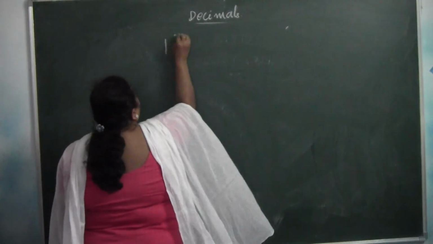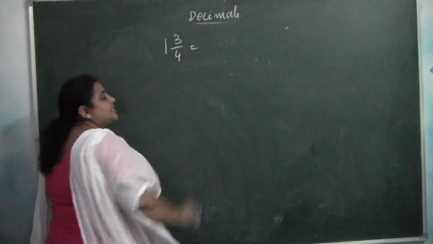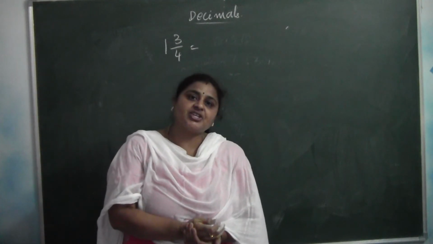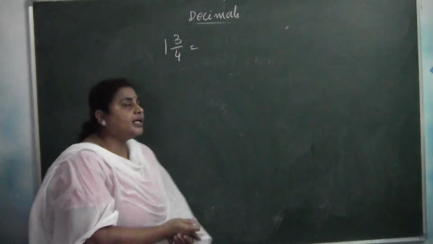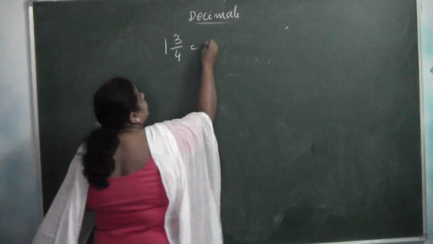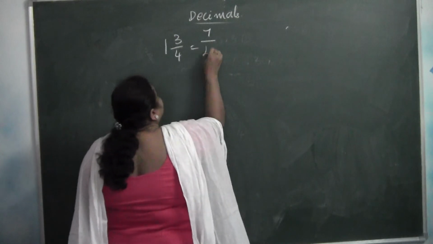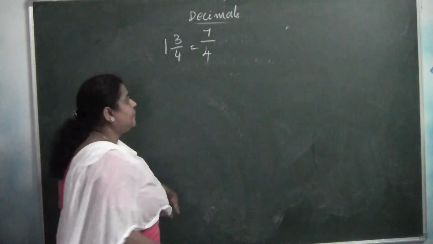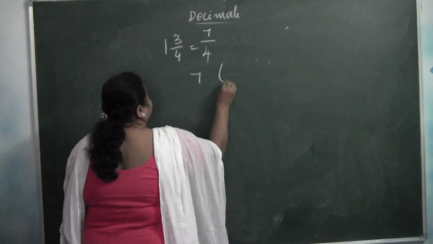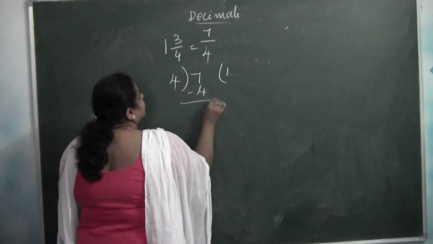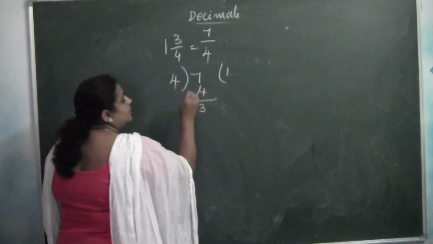1 3 by 4. Now we have a mixed fraction. Already you learned how to convert a mixed fraction into an improper fraction, right? Now 4 ones are 4 plus 3, 7 by 4. Now we are dividing 7 with 4. 4 ones are 4. 7 minus 4, 3.